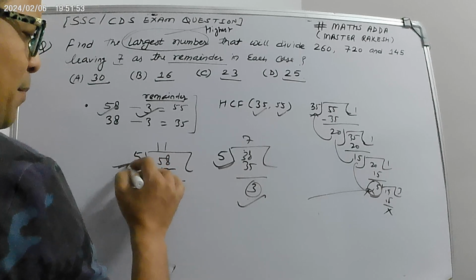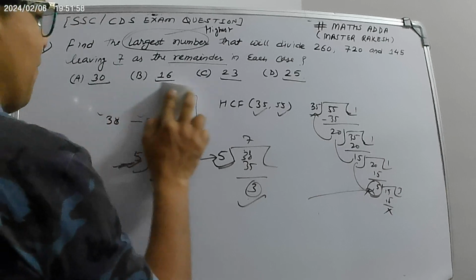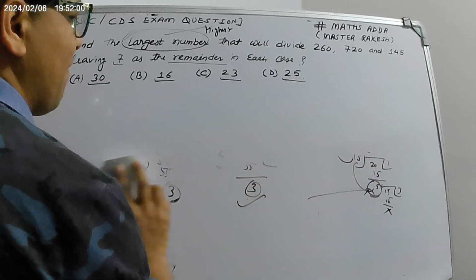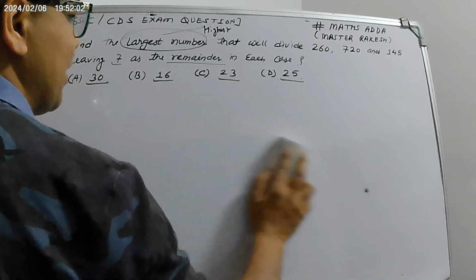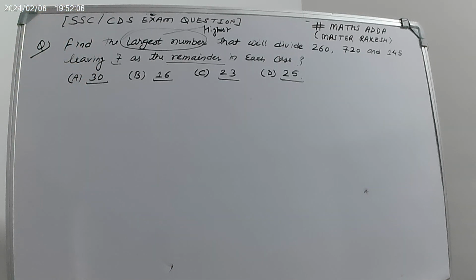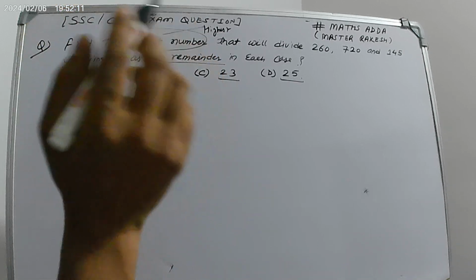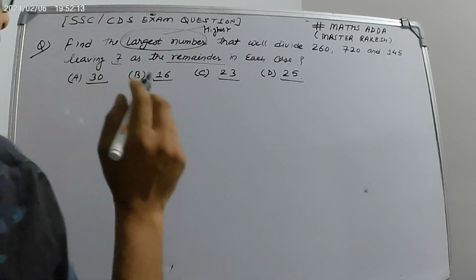So this is the highest common factor. You have to find the value through HCF, or GCD. If you don't have clarity on HCF and LCM, you can see my previous videos on HCF and LCM.